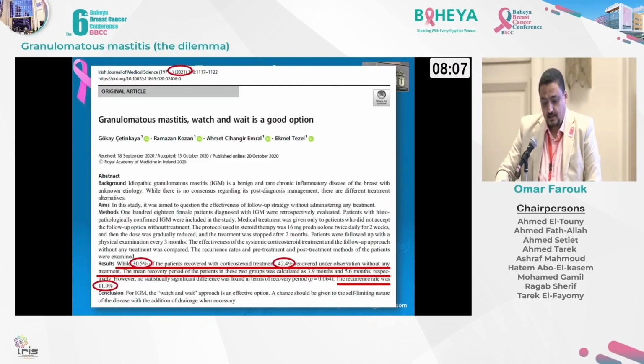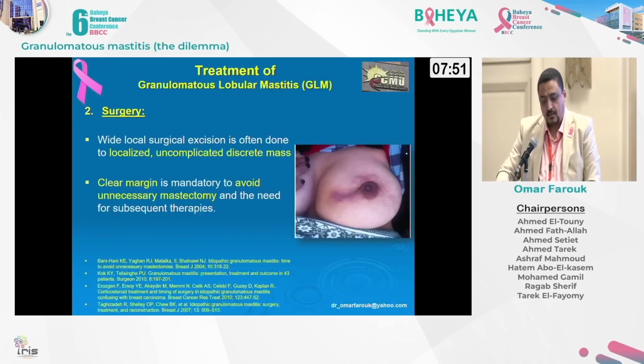This article compared the watch and wait strategy, or observation, with corticosteroid, and similar results were found. However, the recurrence rate in observation is about 11%. The second choice is surgery, wide local surgical excision, often done for a localized uncomplicated discrete mass.